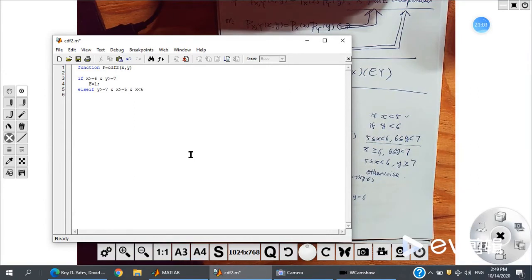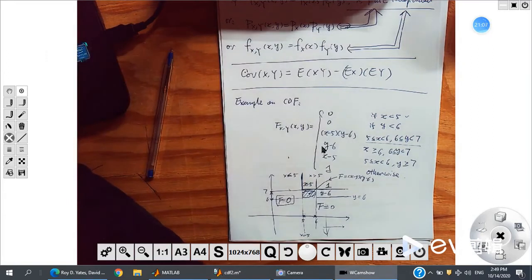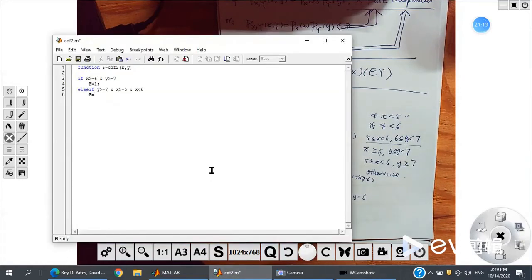Alright, this is the case. In this case, f is x minus 5. This is the second case.